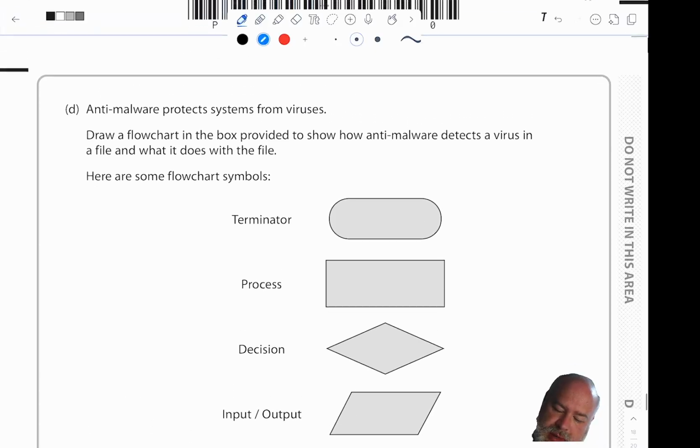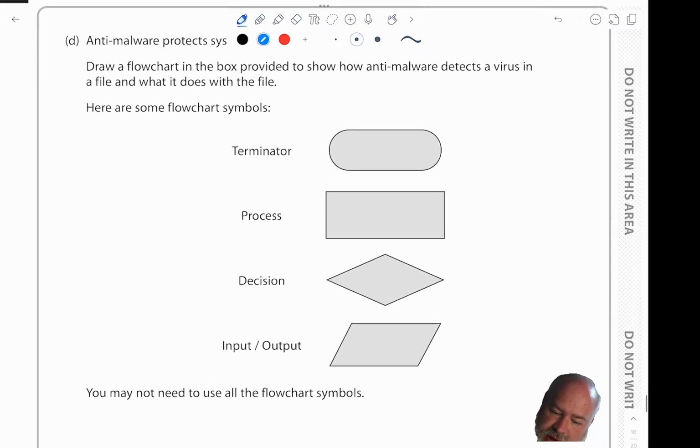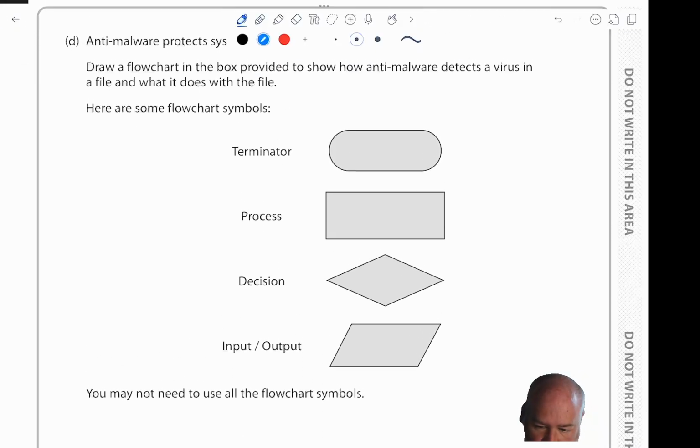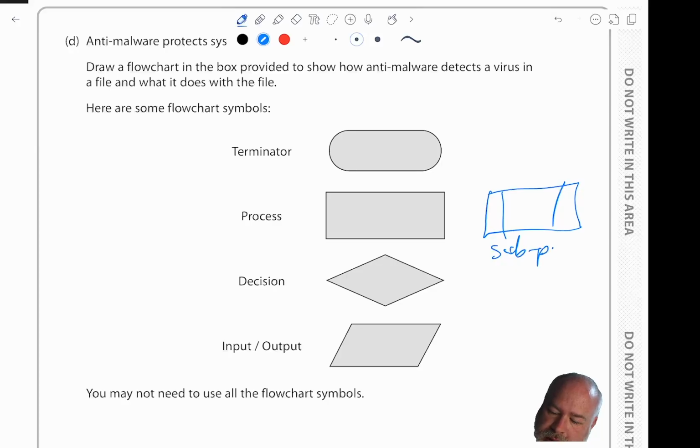Anti-malware protects systems from viruses. Here are flowcharts. Right, draw a flowchart in the box to show how an anti-malware detects a virus. Out of interest, sub-programs are denoted like this. If it ever comes up, probably won't. Okay, anti-malware. So we want to make sure we've got a deep database of signatures.